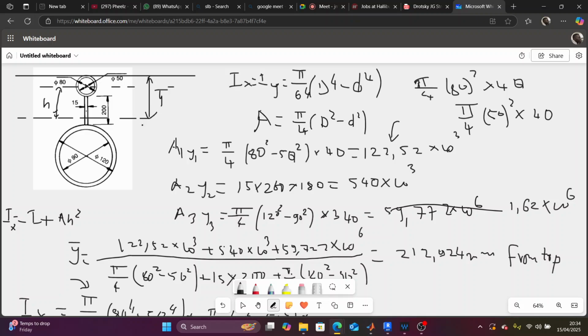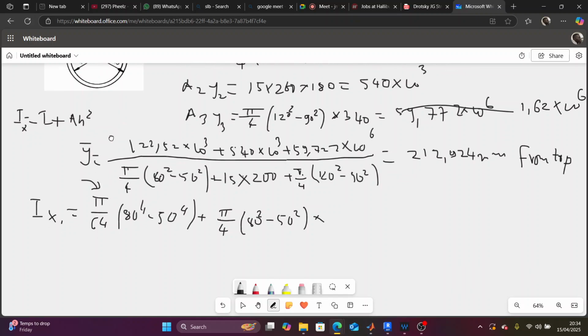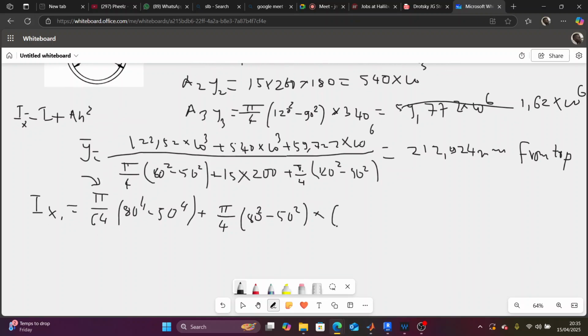Do you agree that if we take y bar minus this distance on top here, it gives us the h? Yes. So it is 212.924 minus what? The radius, minus 40. So 212.924 minus 40, squared. This gives Ix1.